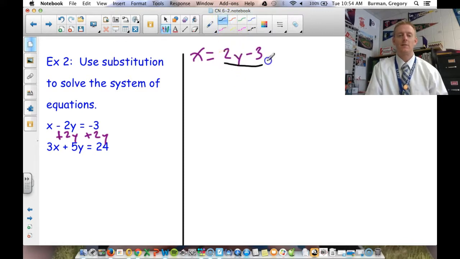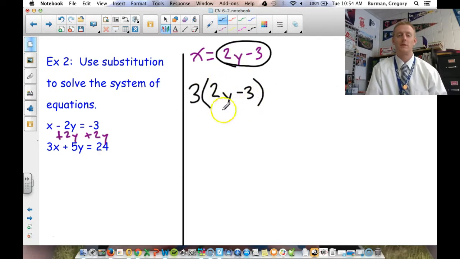And if x equals this stuff, now we just plug it into the other equation. So it's going to say 3 times (2y minus 3), and I put it in parentheses for a reason, because this whole thing is x, plus 5y equals 24.